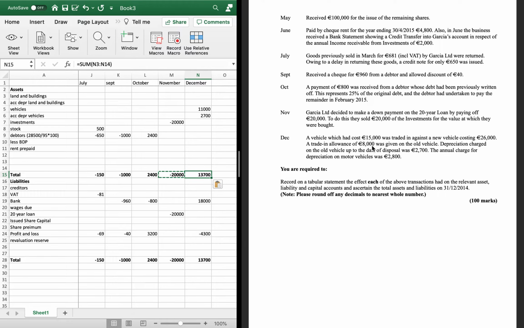Now, it tells me there's an annual charge for depreciation on motor vehicles of 2,800. So I'm going to actually put in the 2,800 here. So 2,700, and another 2,800 there.